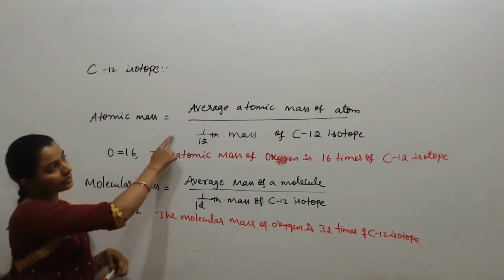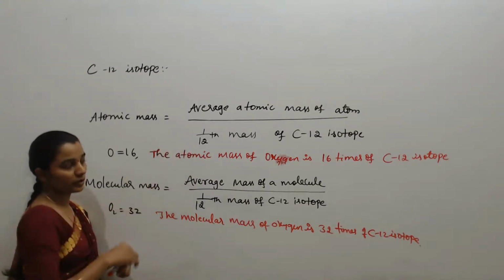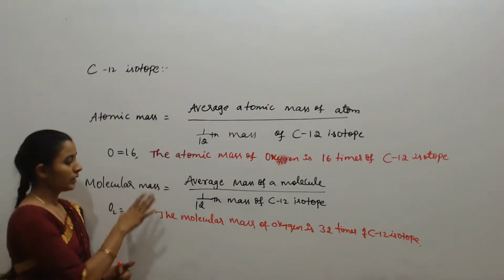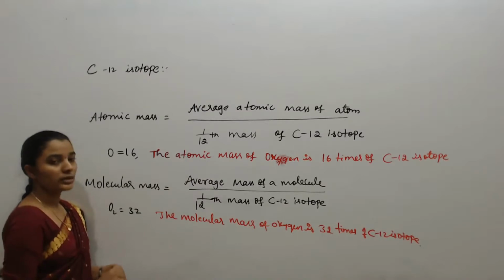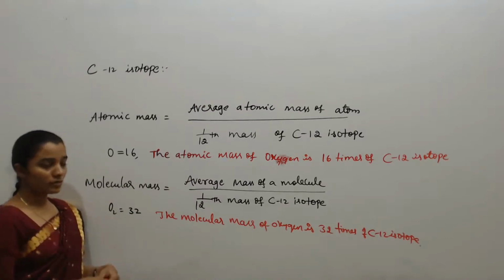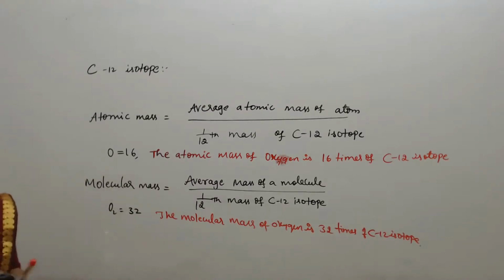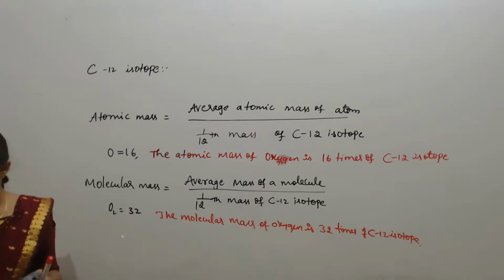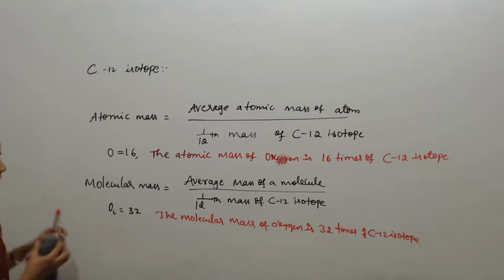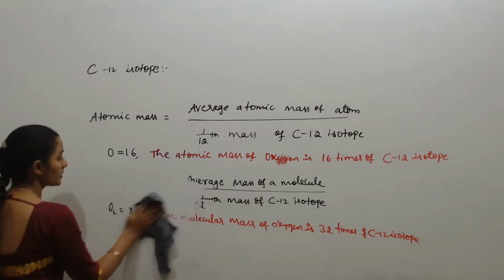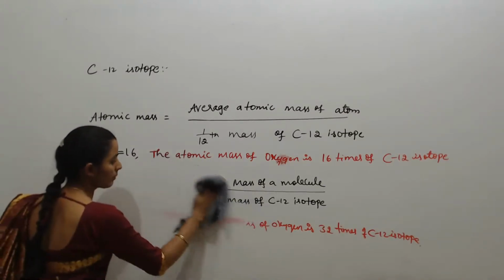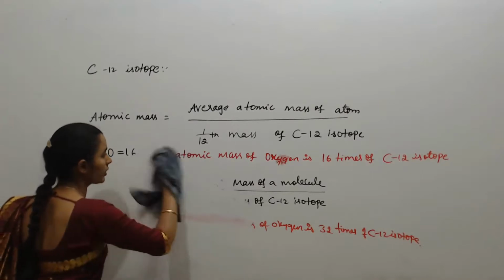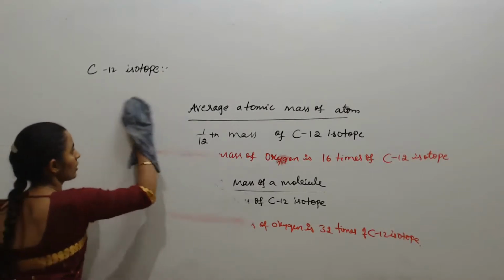The same formula applies for molecular mass. But now, students, you can easily calculate molecular mass and atomic mass by knowing the number of protons, neutrons and electrons.